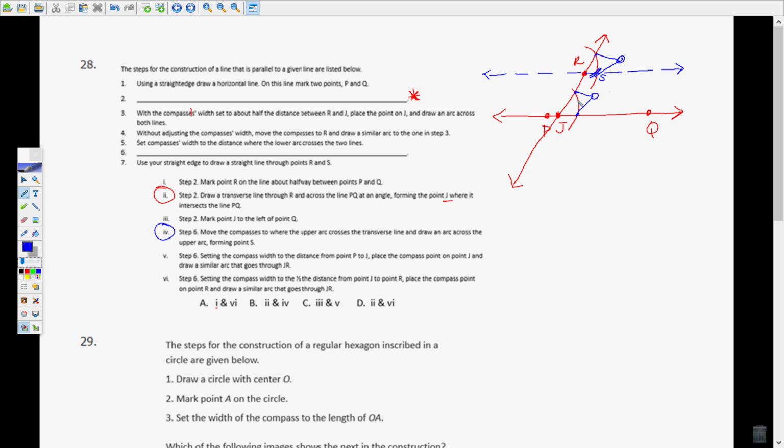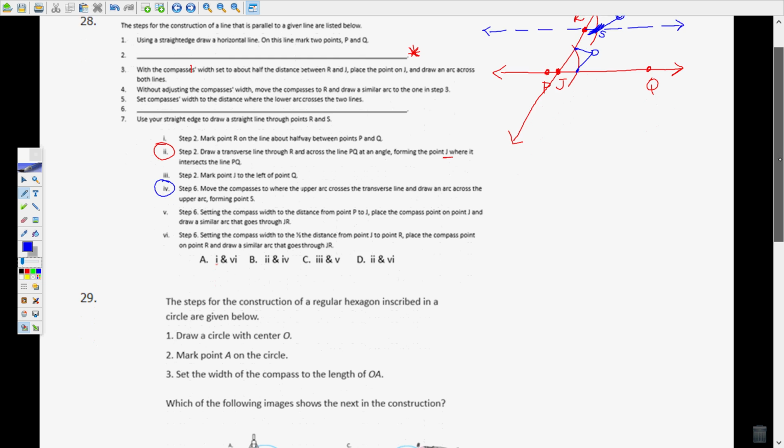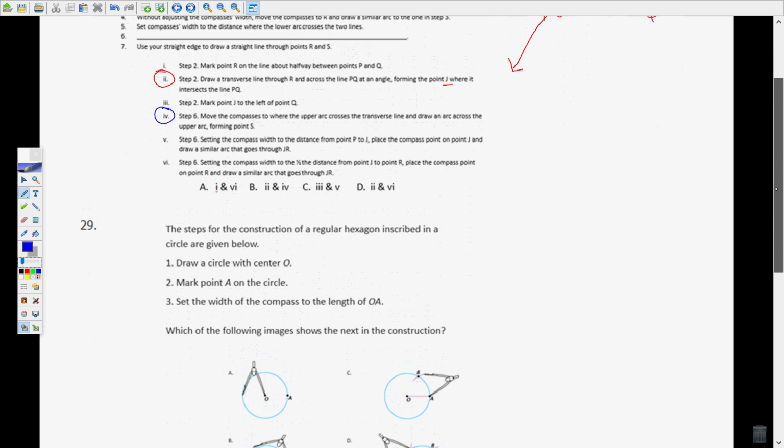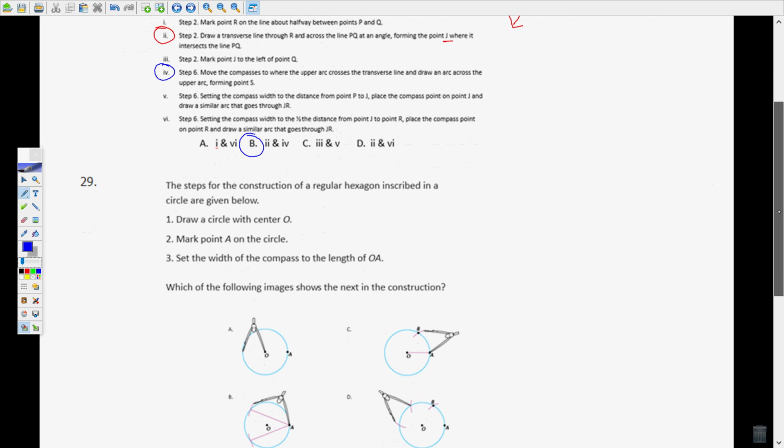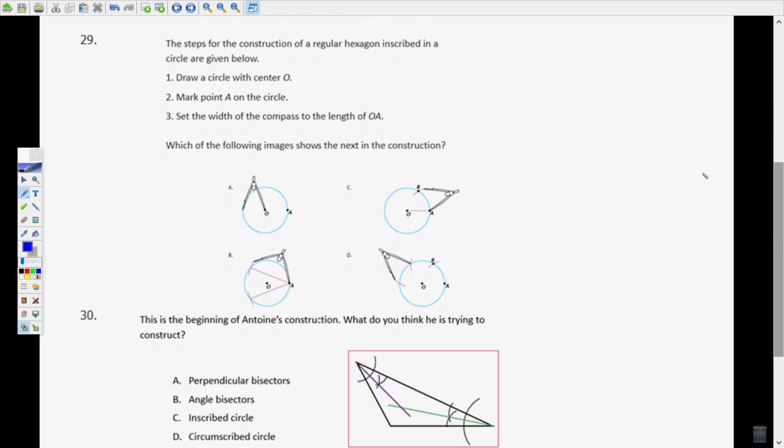And so that was this step where you measure here and then you move your compass up here to measure the same opening. And that gives you a point of intersection here that you connect to form your line that's parallel to PQ. You can back that up and listen to it again. You can also look on the Escambia County website because they also explain it, and they might even have a better picture than mine.